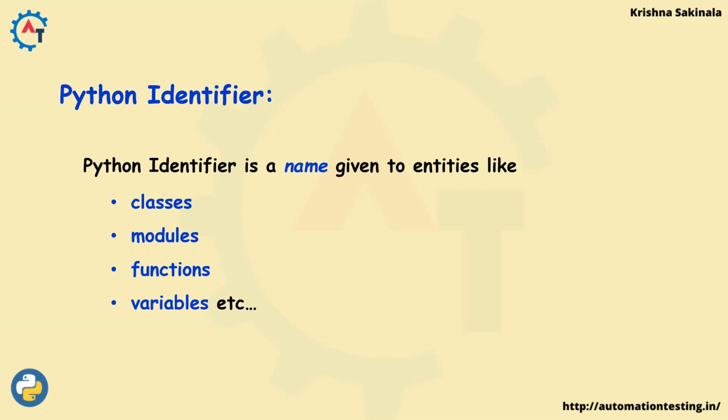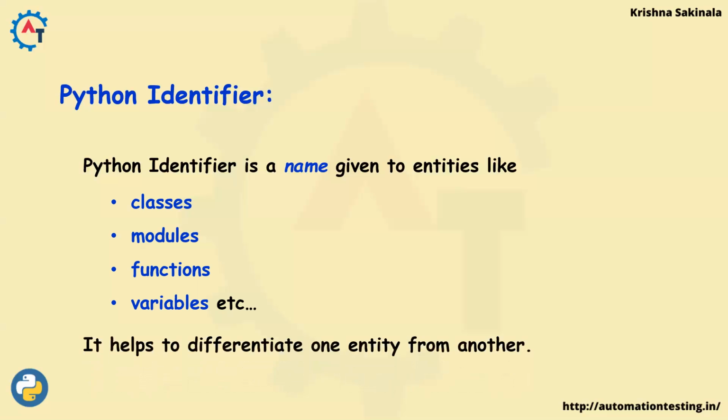The same way in Python also, there is a class. How will you identify that it is a class? There is a module. How will you make sure that it is a module? So for that, we will use identifiers. The Python identifier is a name given to entities like classes, modules, functions, and variables, etc. It helps to differentiate one entity from another.